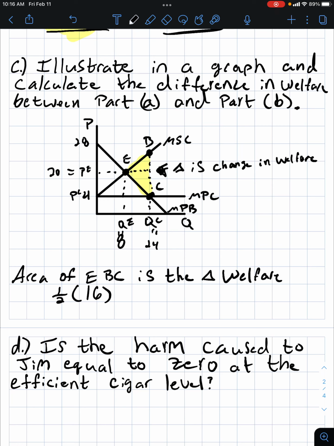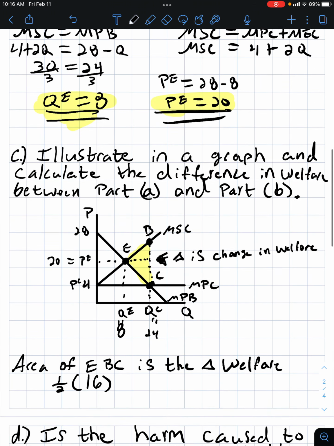And then to find the base, we need to find the marginal social cost at QC of 24.